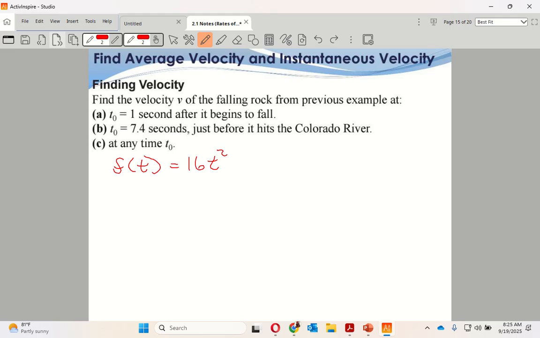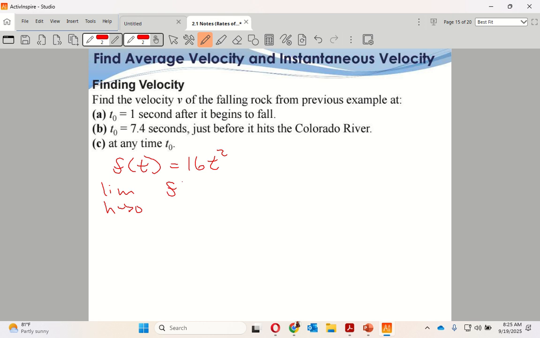There are a couple different ways of doing this, and the one I prefer is like this. Take the limit as h approaches 0.